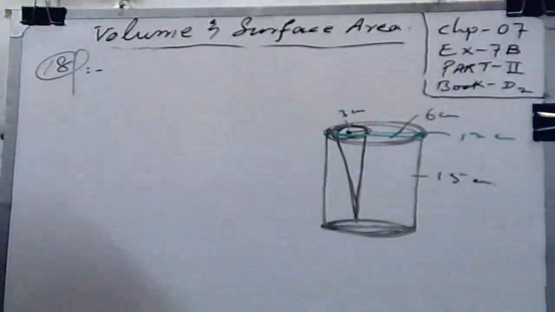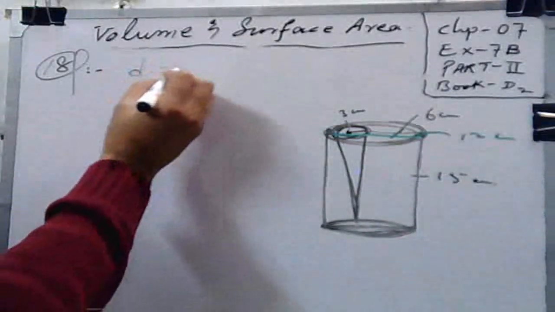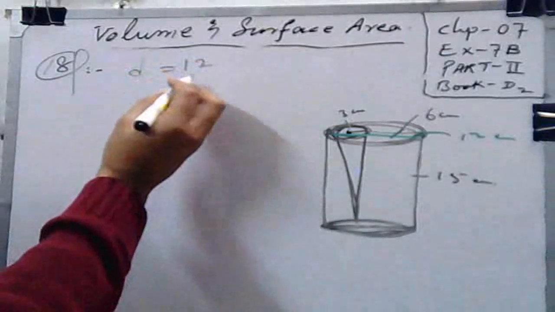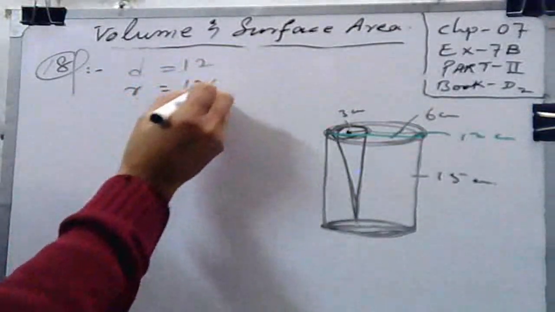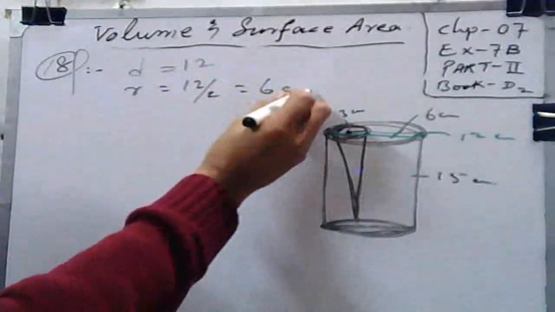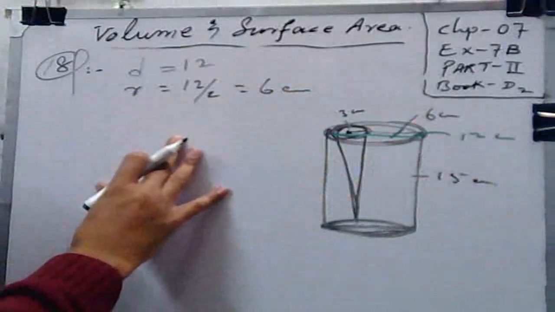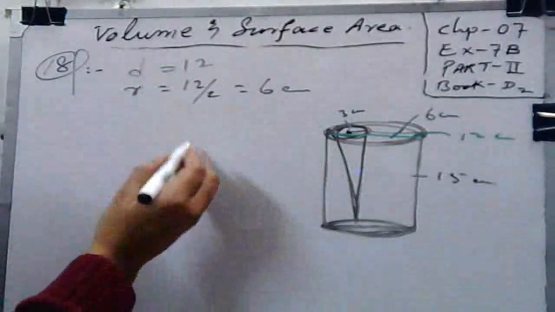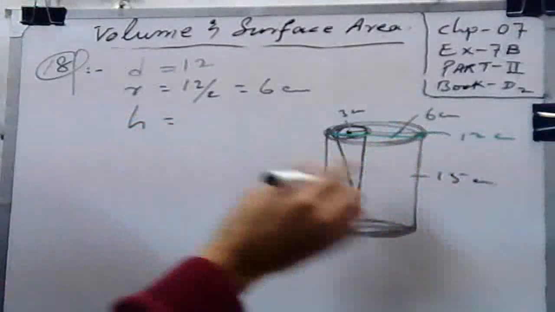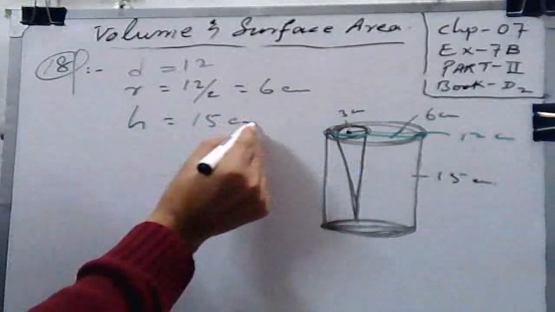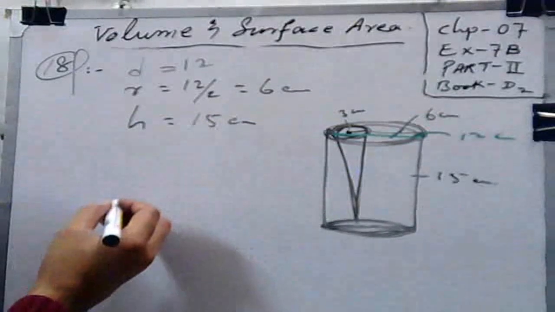The diameter is 12 and the radius is 12 by 2, you will get 6 centimeters. 6 is clear to us, and the height h is 15 centimeter.